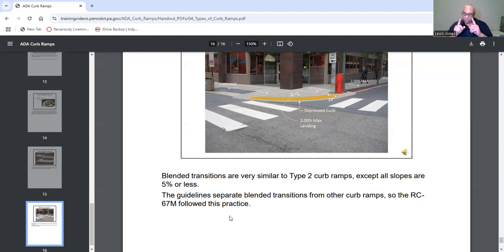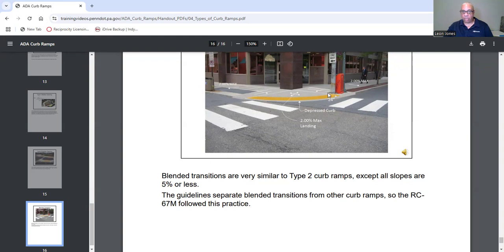So again, need to understand this. All of the slopes for most of these ramps were 8.33%. Now, with these blended transitions, when you go out, and this is why you need to know what type of curb ramp you're dealing with, you need to have slopes 5% or less.